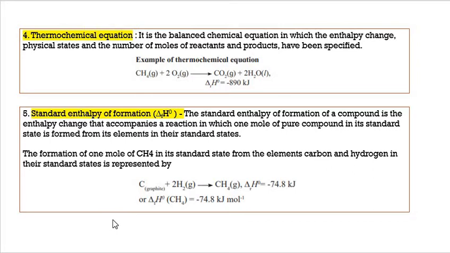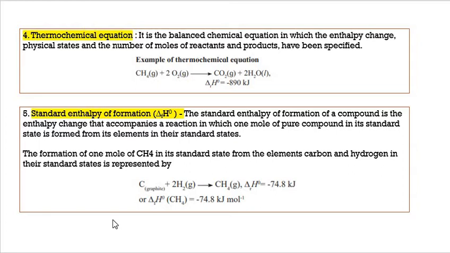The standard enthalpy of formation of a compound is the enthalpy change that accompanies a reaction in which 1 mole of a pure compound in its standard state is formed from its elements in their standard state.